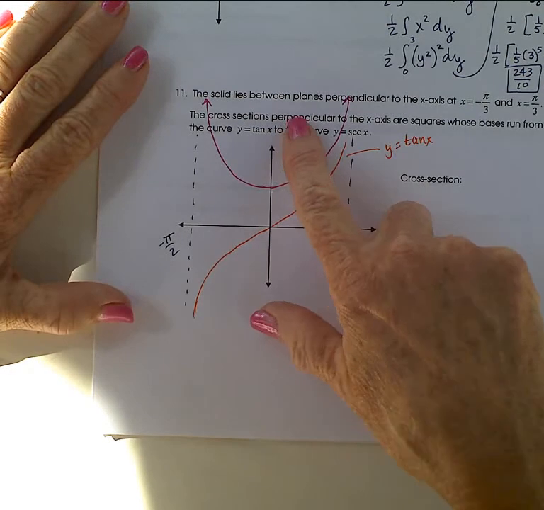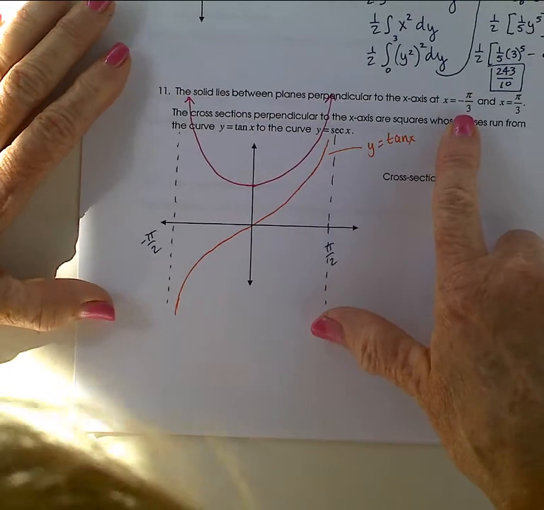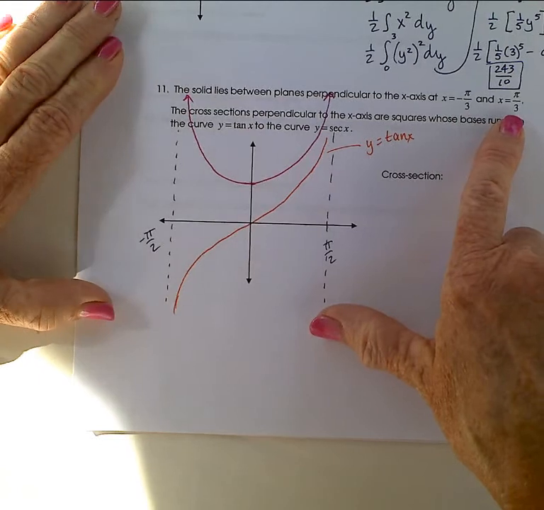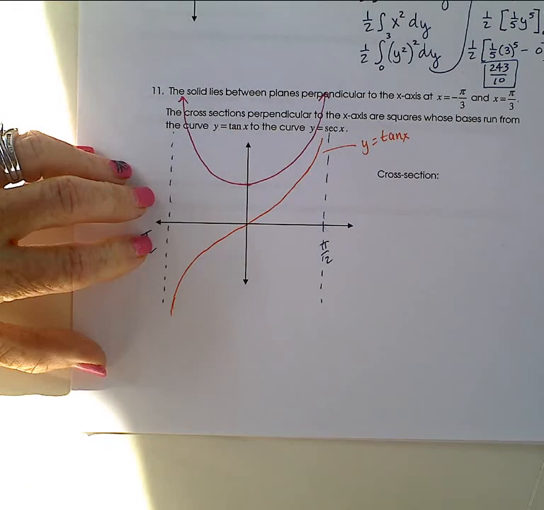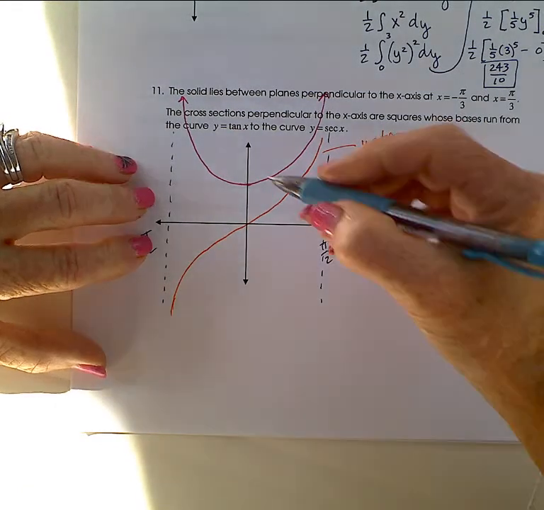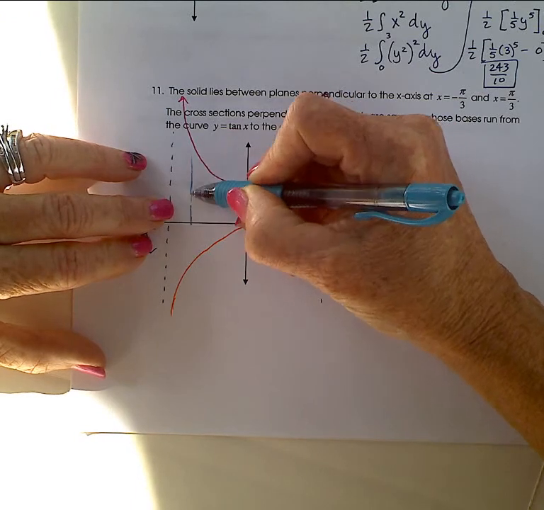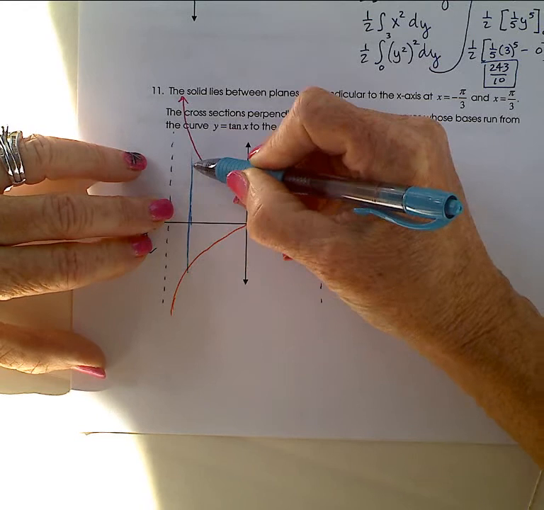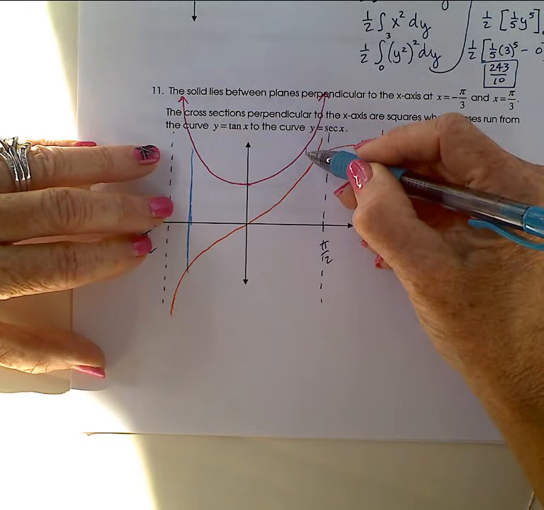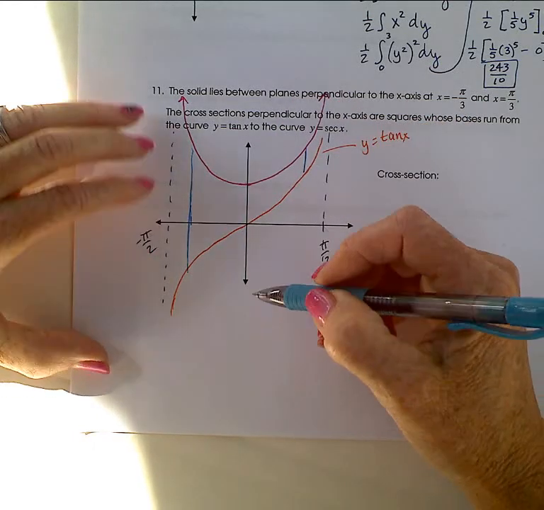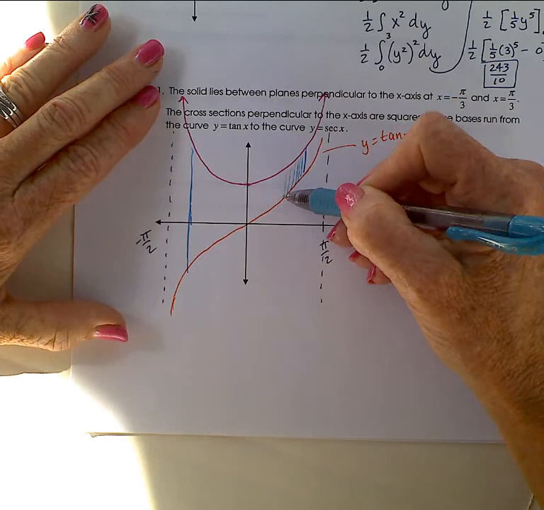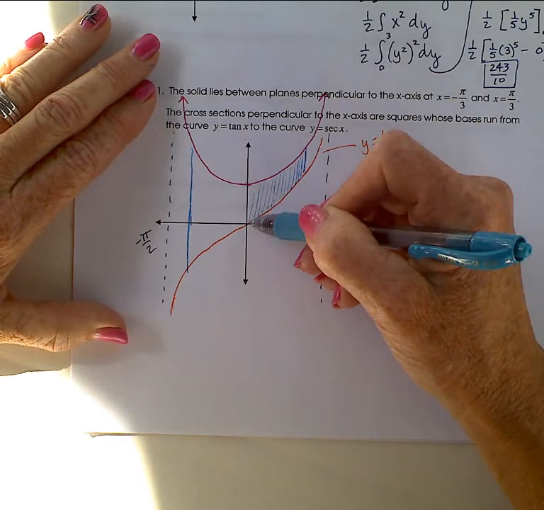We want between x equals negative pi over 3 and positive pi over 3. Well, negative pi over 3 is right about here, and positive pi over 3 right about there. So here's our region.